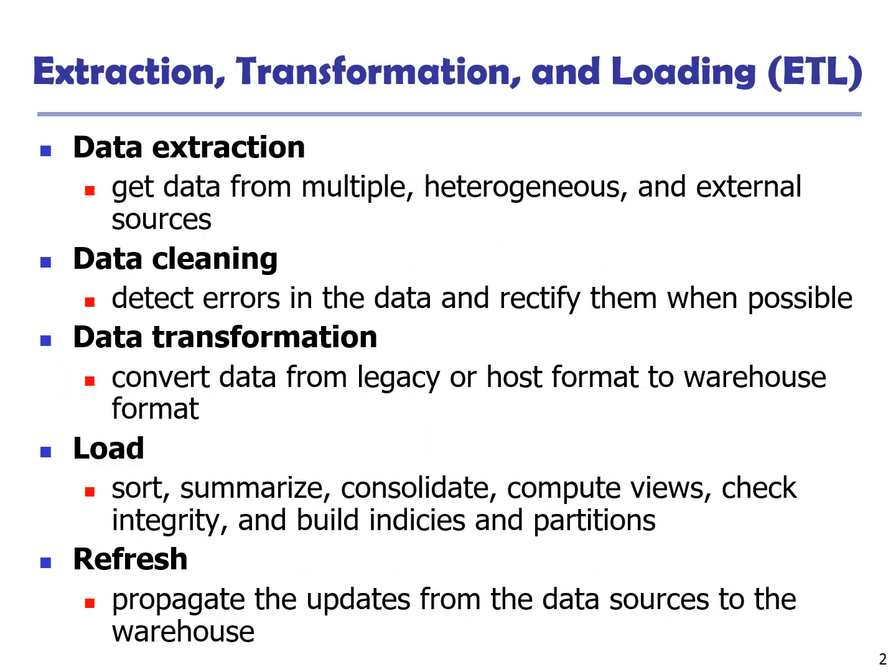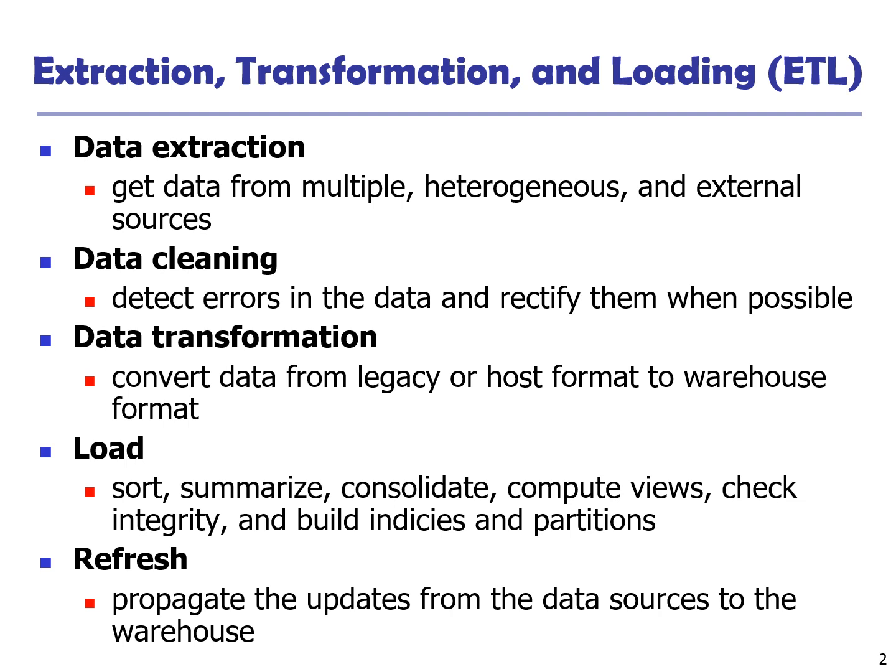So the data in the data warehouse goes through the ETL process, which stands for extraction, transformation, and loading. Data extraction means that we get the data from multiple heterogeneous external sources, and then we get the data cleaned. It means that we detect data quality problems and errors and we rectify them, meaning that we correct them when it's possible.